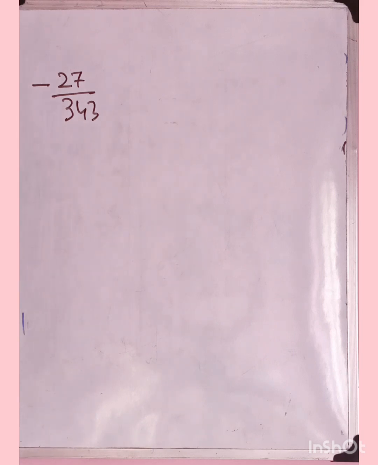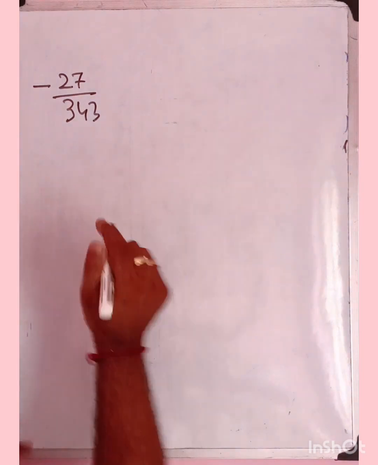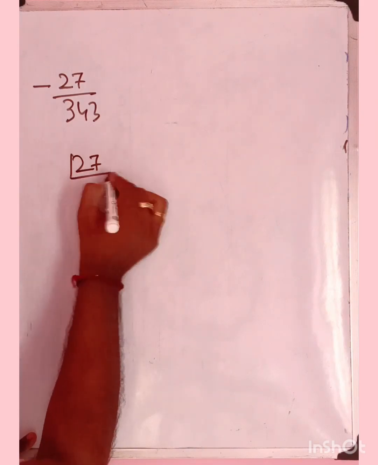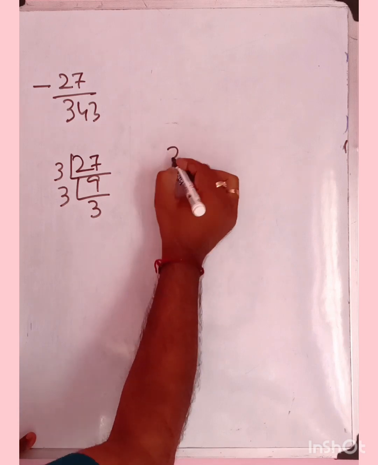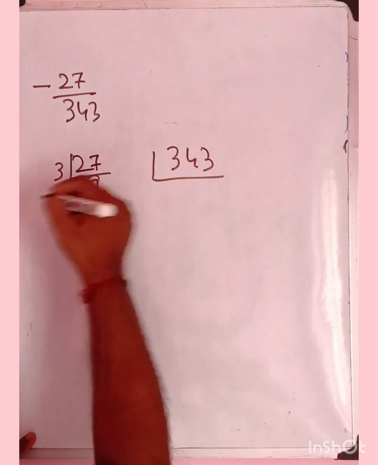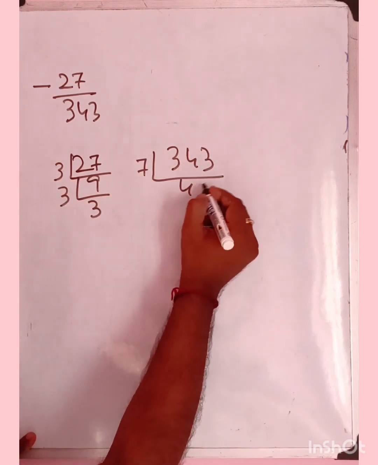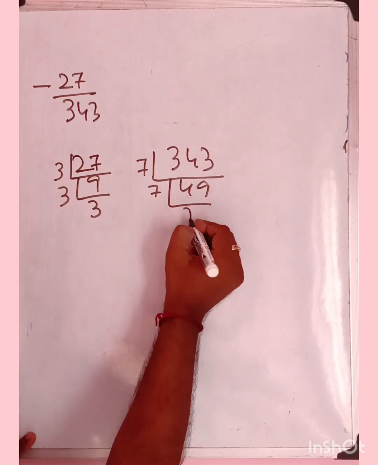So the power must be an odd number to maintain this negative sign. Okay, the process is the same. 27, 3, 9, 3, 3; 343 we just did in the previous problem: 7, 49, 7, 7.